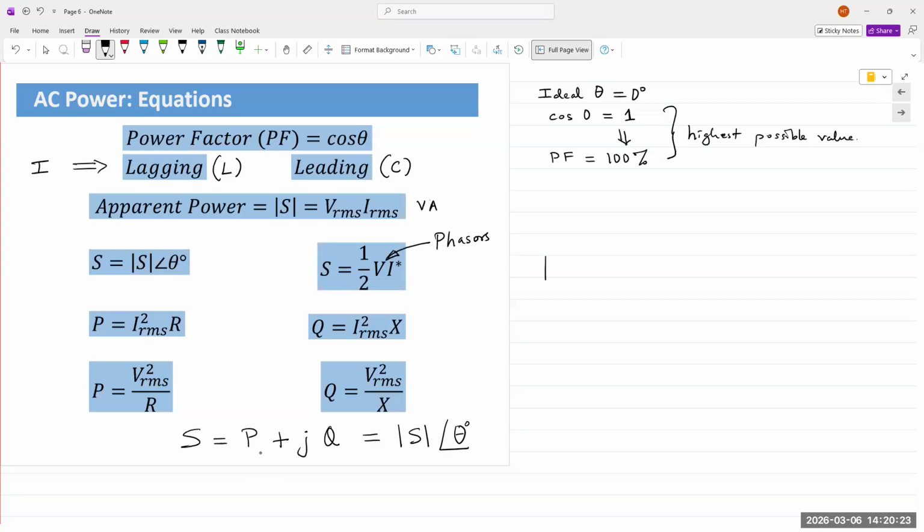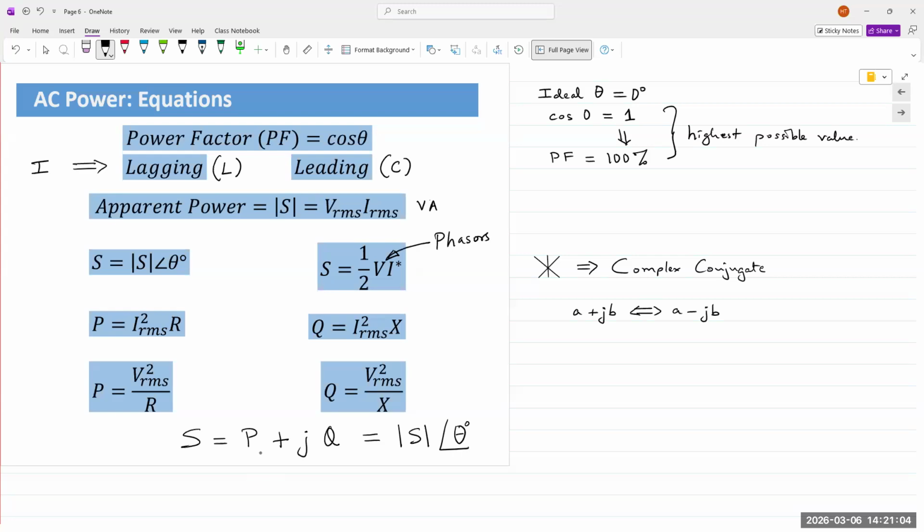This asterisk, as you see over here, notes that this is the complex conjugate of I. The complex conjugate of any complex number is simply the point in the plane that is in the opposite quadrant.